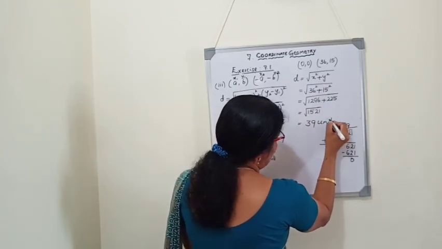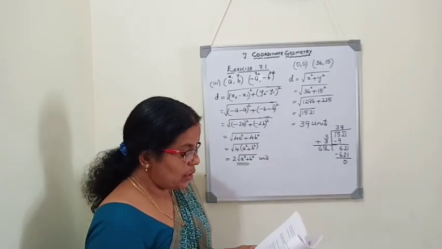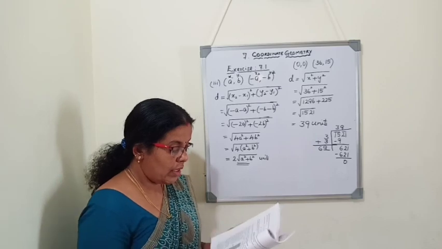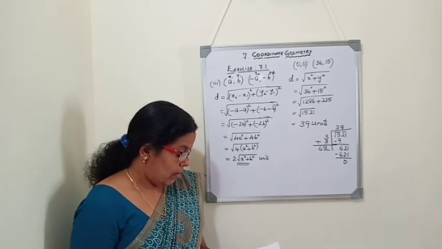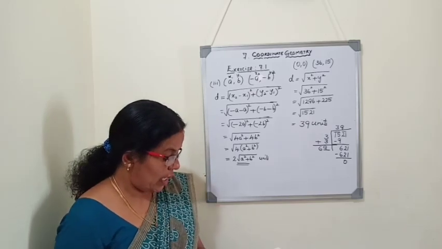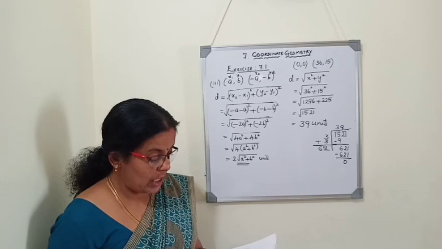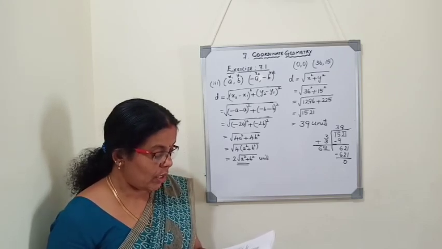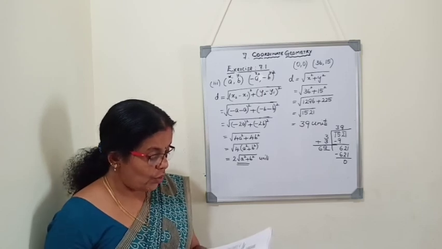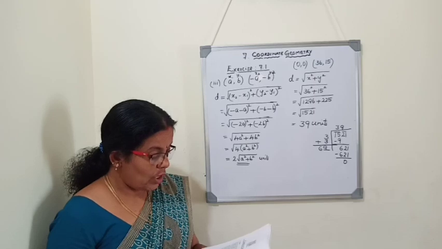There is one more question: can you now find the distance between the two towns A and B discussed in section 7.2? That is on page number 129, given as a situation. Town B is located 36 km east and 15 km north of town A. How would you find the distance between the two towns without actually measuring it?